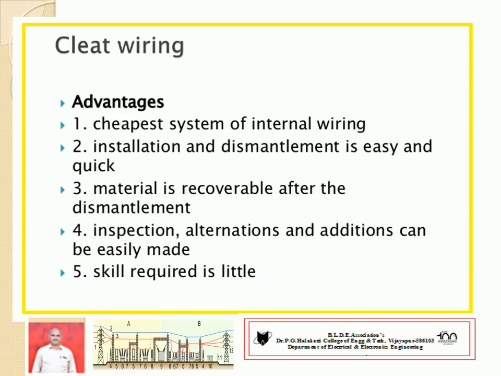That means material is recoverable after the function. Physical inspection is possible. Alterations and additions can be done very easily, and there is no requirement of skilled persons. It is economical and simple.